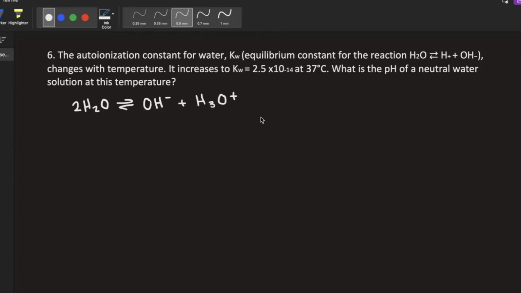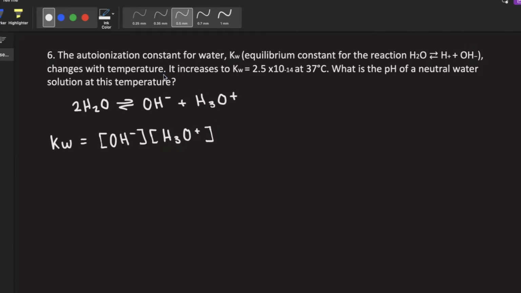So this is going to be our equation. Now we're going to write the expression for Kw. So Kw is equal to the concentration of OH minus and the concentration of H3O plus.